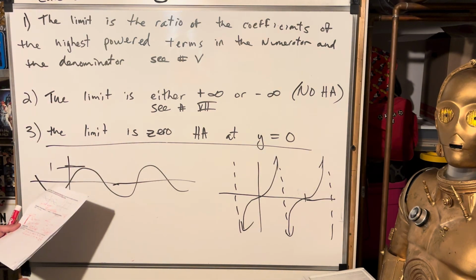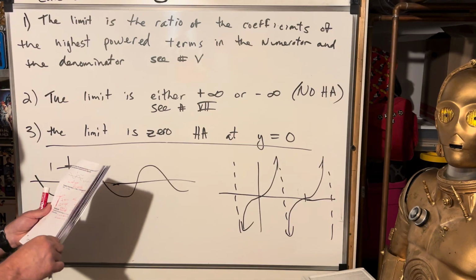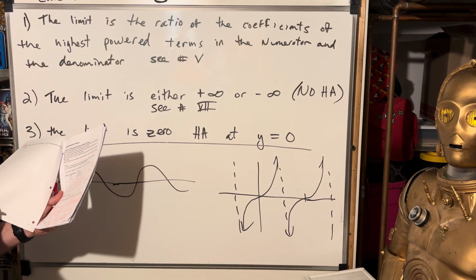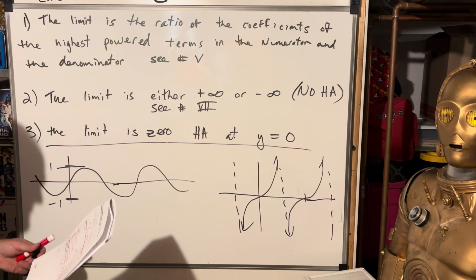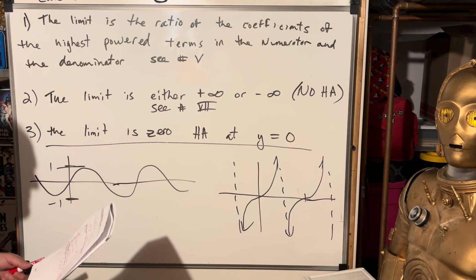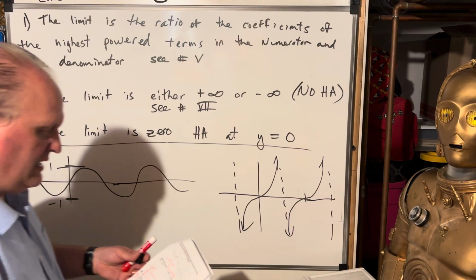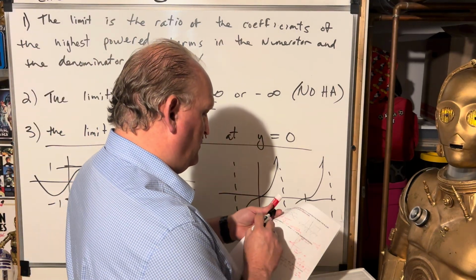All right, let's take a look at number 8. f of x equals ln x, the natural log of x. What's going on there?